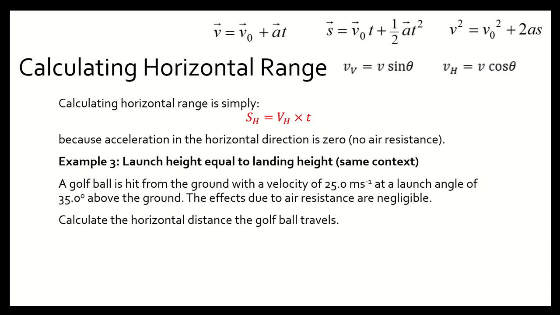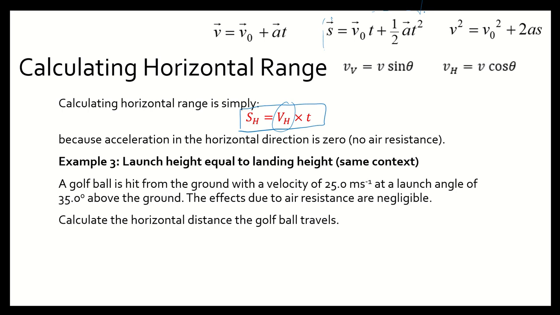Couple more examples. Now this equation isn't on our formula sheet, but it's easy to remember in multiple ways. The horizontal range is simply the horizontal component of velocity multiplied by the time. There's a couple different ways you can think about it.